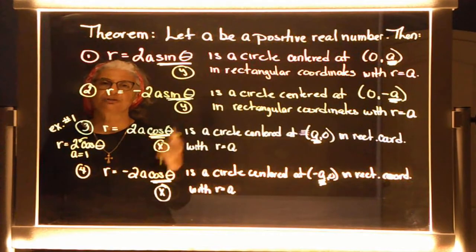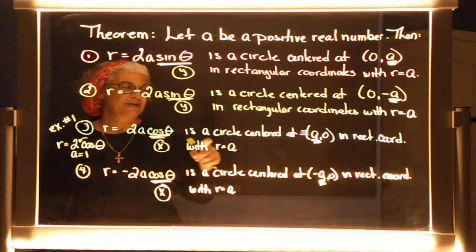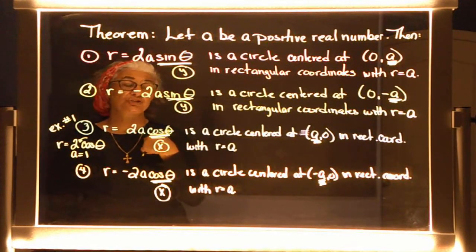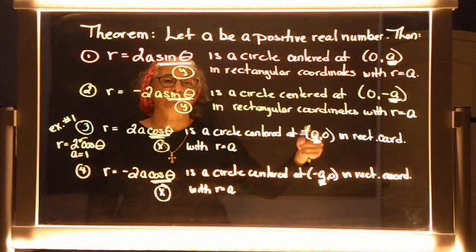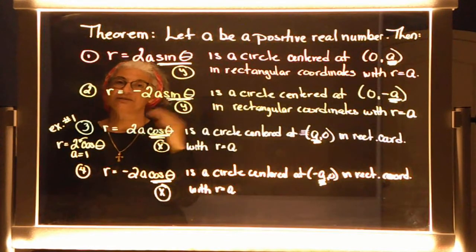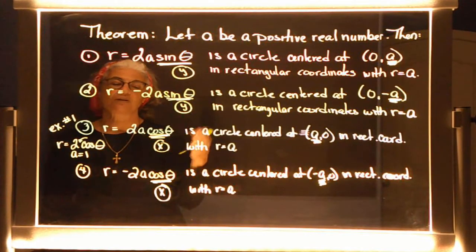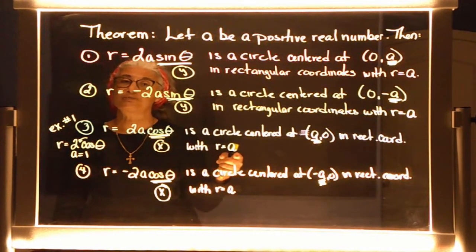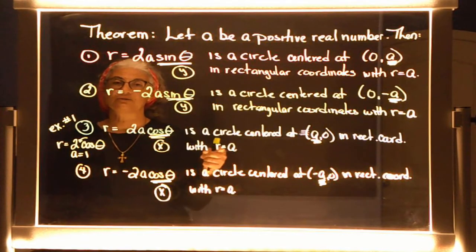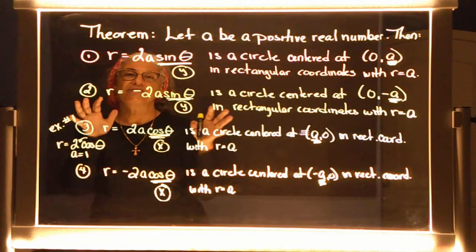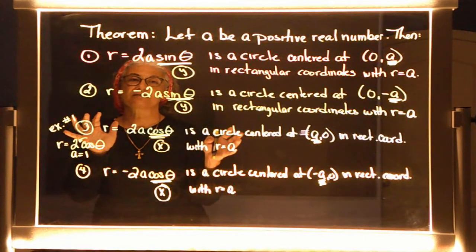If you go back and look at the work we did, based on this theorem, we should have come up with the center of (1, 0). Did we? We certainly did. We had to go complete the square to find it, but we came up with the center of (1, 0), didn't we? We also found that the radius was 1, and according to the theorem, the radius should have been 1. So, doing the work on problem number 1 has verified this theorem for us.